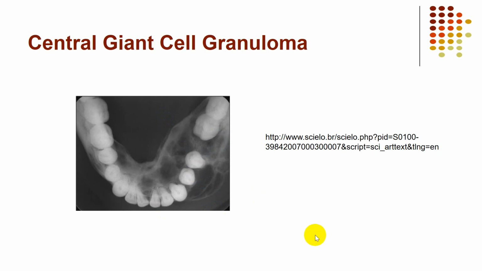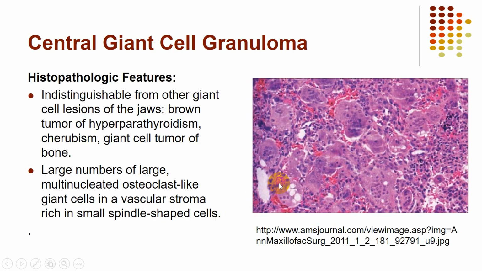So keep in mind central giant cell granuloma can be aggressive. Microscopic features: you will see multinucleated giant cells in a fibrovascular background. Some extravasated RBCs will be seen, and we can see some hemosiderin. It looks like hyperparathyroidism or the brown tumor of hyperparathyroidism.